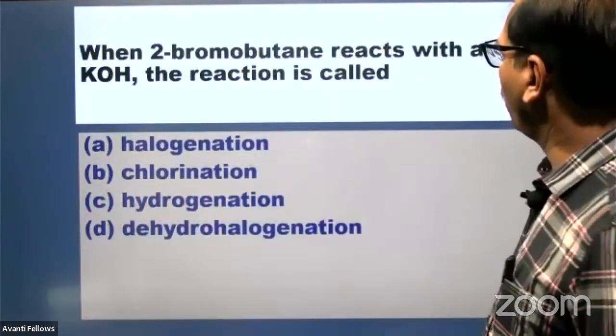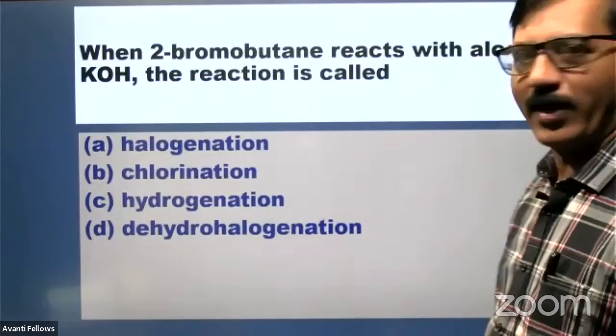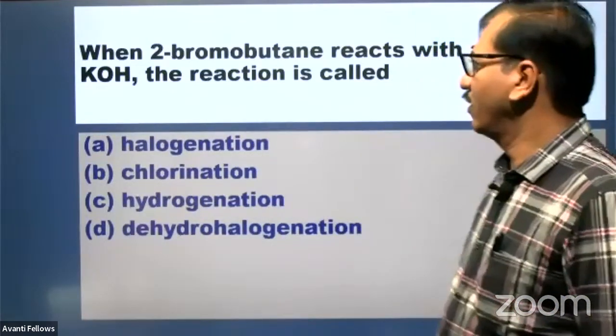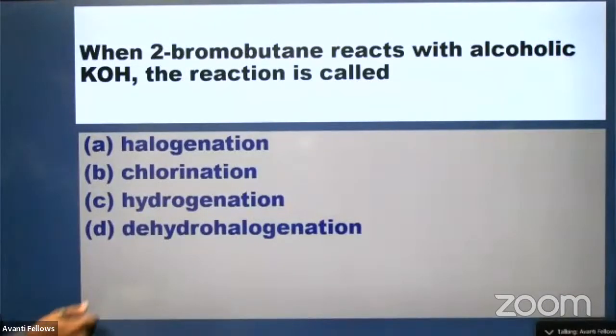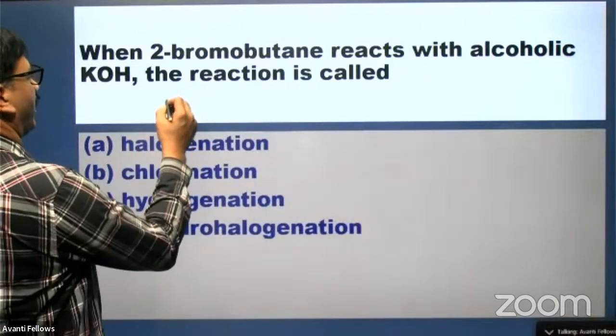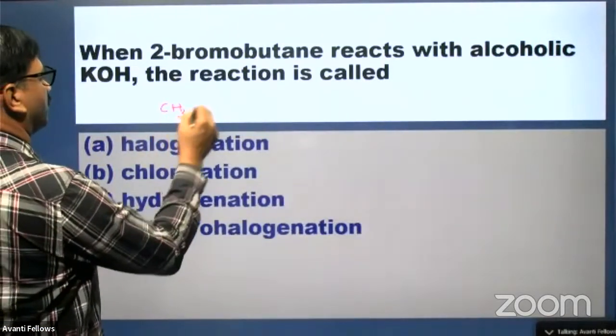When 2-bromobutane reacts with alcoholic KOH, the reaction is called Option D, dehydrohalogenation.